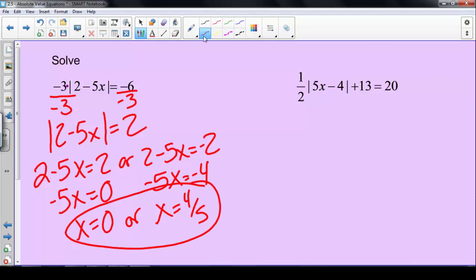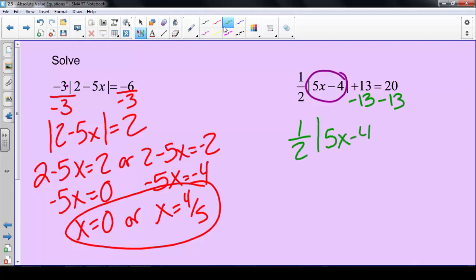Alright, next one. Once again, we've got some stuff on the outside of these absolute values that we need to get rid of before we can break it up. So you want to do these the same way you would solve an equation and just pretend that this whole thing is your variable. So the first thing we need to do is subtract away that 13. We still have the 1/2 and our absolute value. And then we need to get rid of this 1/2.